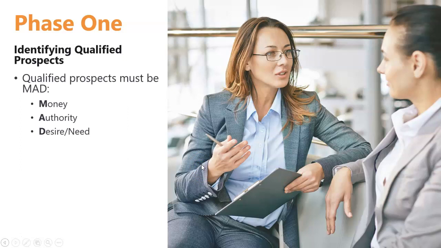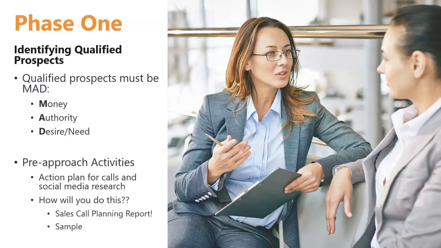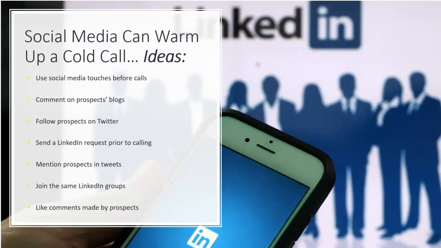So that includes what I said before, making sure they have the money, authority, desire, need to buy, having action plans for calls, doing social media research. How are you going to do this? You'll do an assignment called the sales call planning report that we'll get to much later. And then, for example, we'll use social media to help create warm leads.